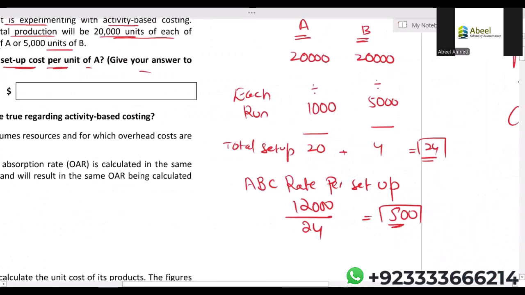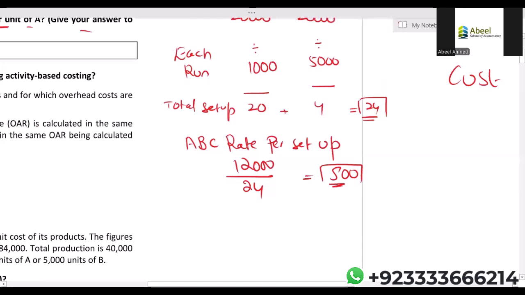Okay. Total number of setups for product A, they are 20. And per setup cost is 500.